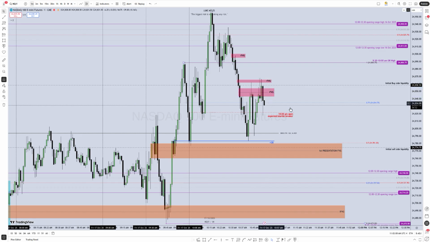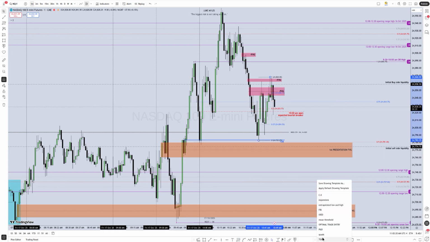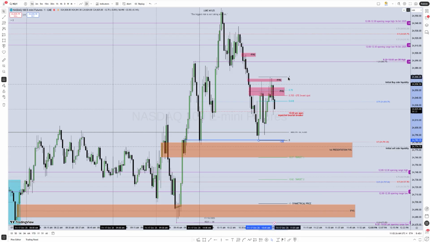Putting this off. Now I'm expecting my sell off. So if I'm to measure for my optimal trade entry, I think the market is done working with that range. I'm to measure my optimal trade entry right there. I have to get above a high now. So yeah, sorry, this is my breaker.